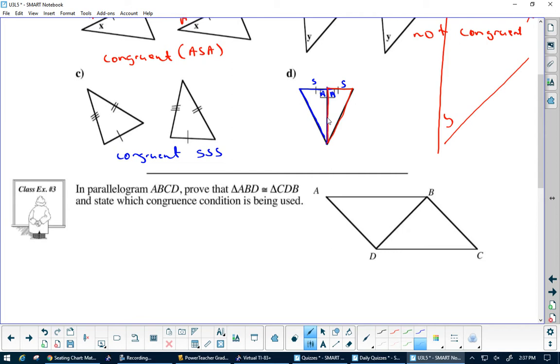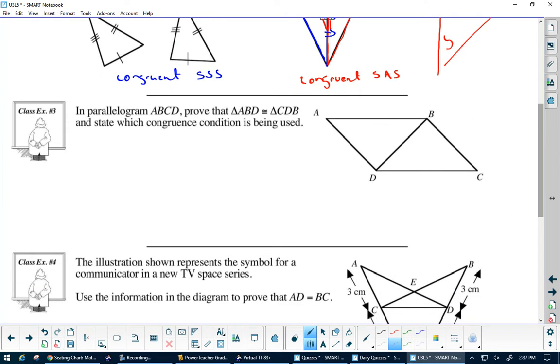Because they share it, right? So we know that, right? They both have it, so that's side angle side, right? Side angle side, side angle side. So it's congruent. Side angle side.